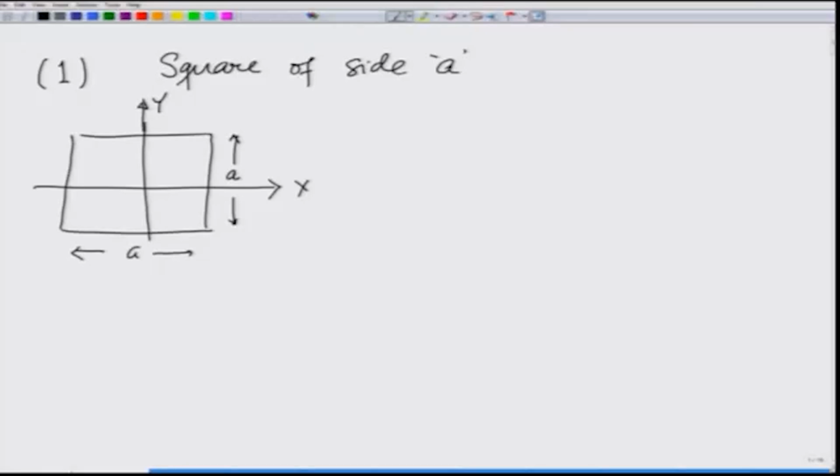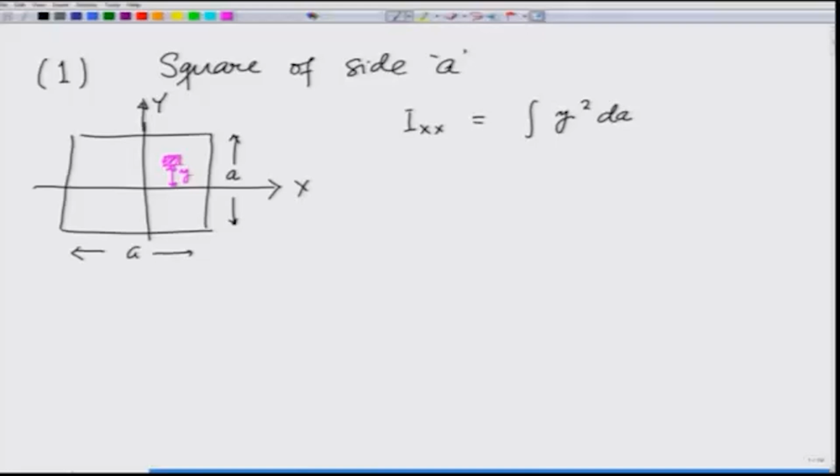Now, you recall that Ixx, the moment of area, is the integral of y square dA, which indicates that I take a small infinitesimal area here at a distance y, multiply by y square dA and integrate.